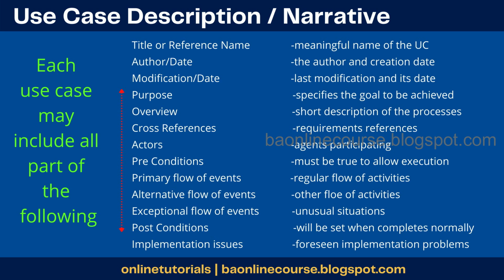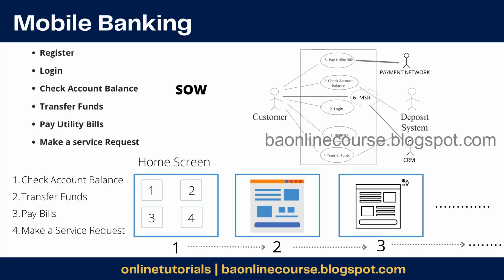Now there could be alternate flows also. Now what if the user does something wrong, like when the user selects something and that account turns out to be inactive, right? So you'll not display the account balance there.